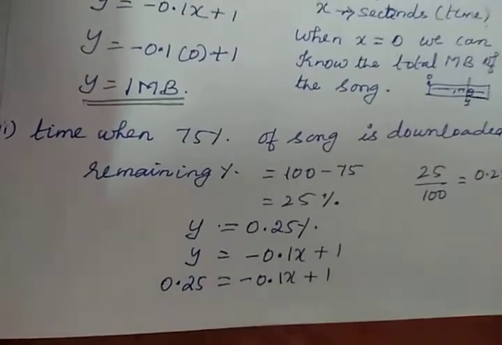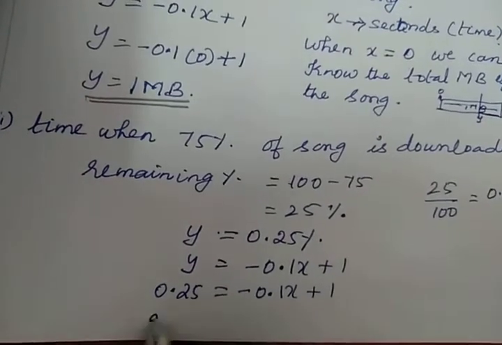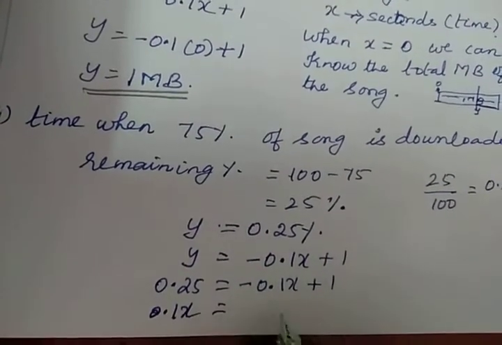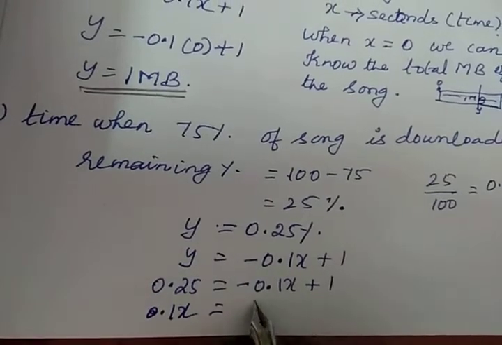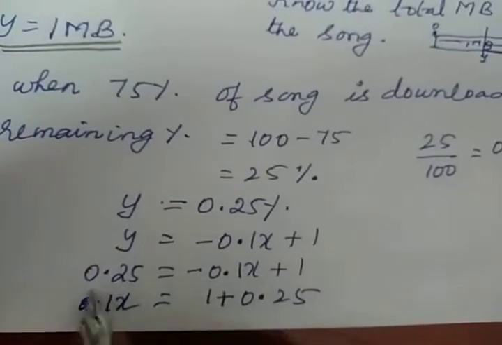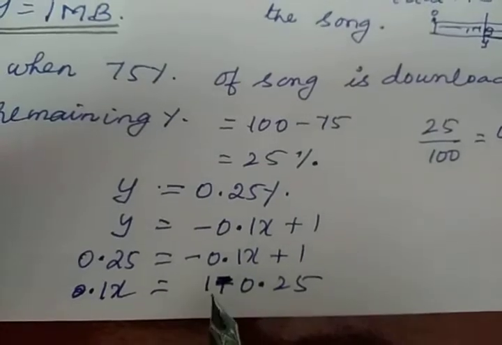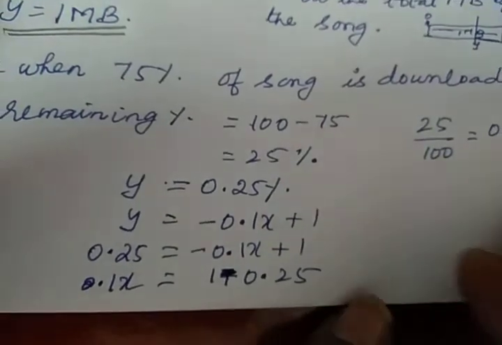Now take this 0.1x to the left hand side. It becomes positive, equal to 1 minus 0.25, when 0.25 goes to the other side. If you subtract 0.25 from 1, you will get 0.75. So 0.1x is equal to 0.75.